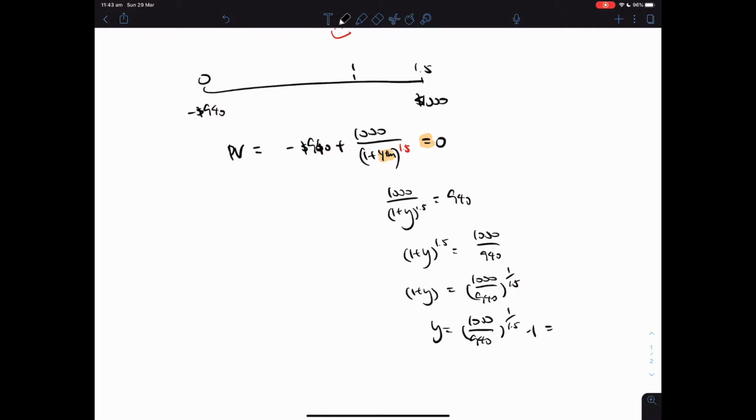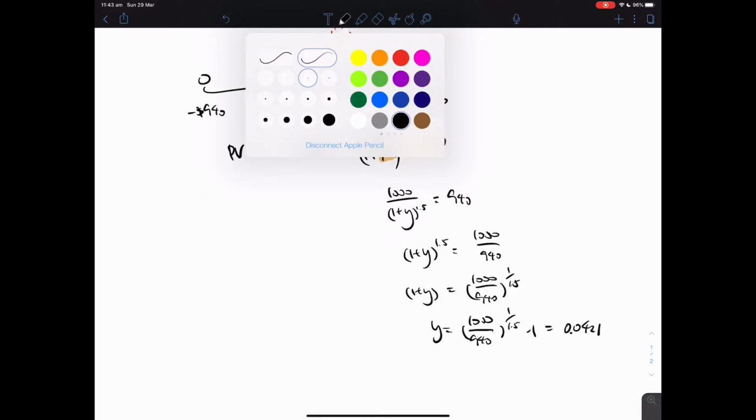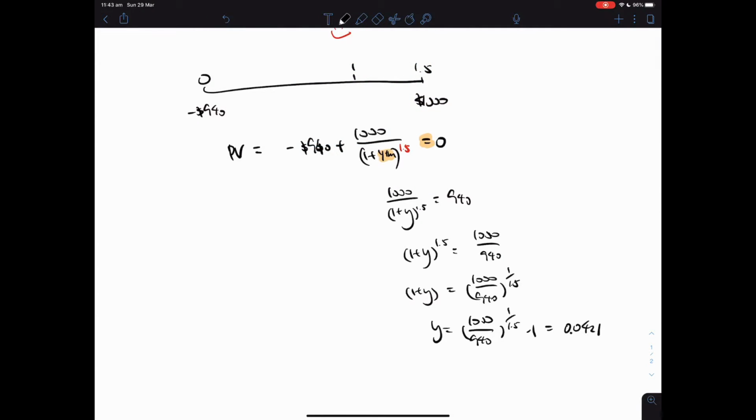And that gives you 0.0421. And what is that interest rate? Given there's 1.5 years, this 0.0421 is essentially a yearly measure. EAR equals 4.21%. Right?